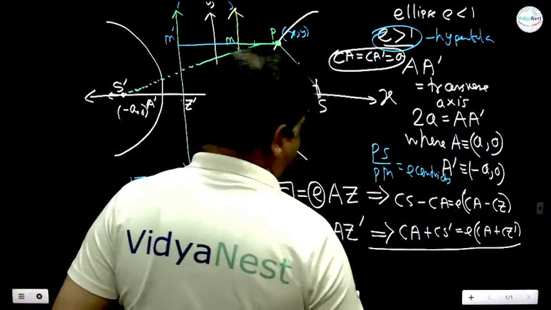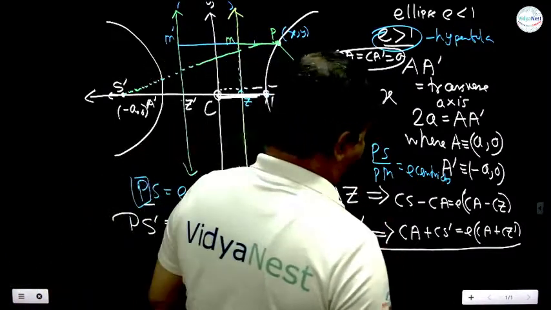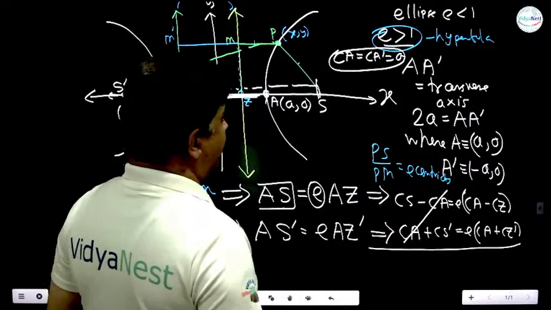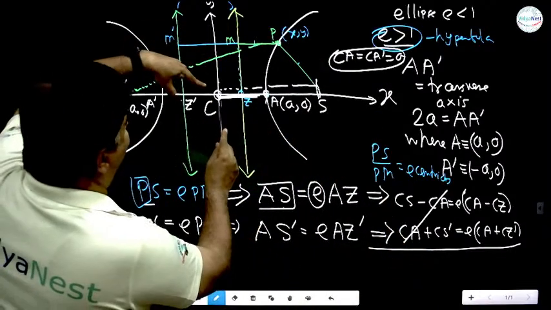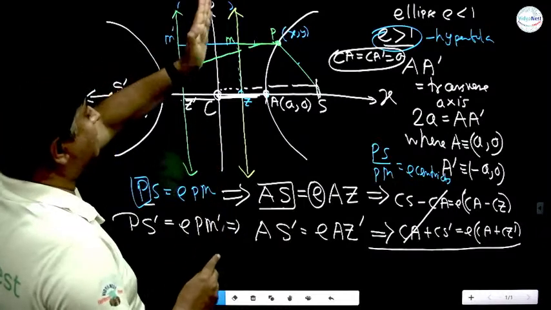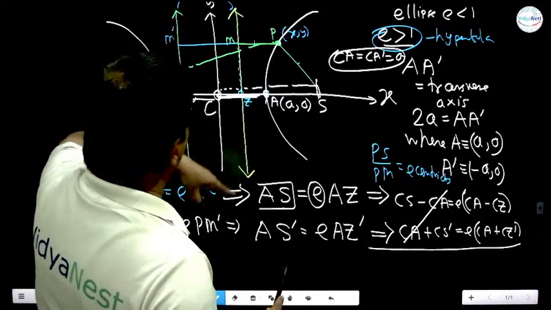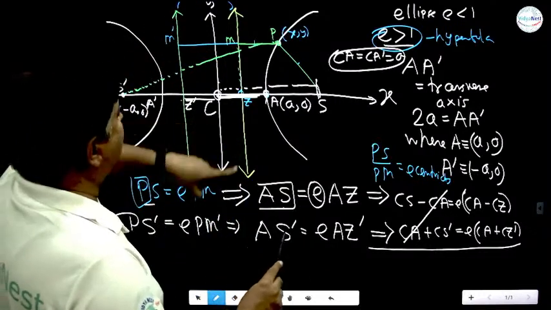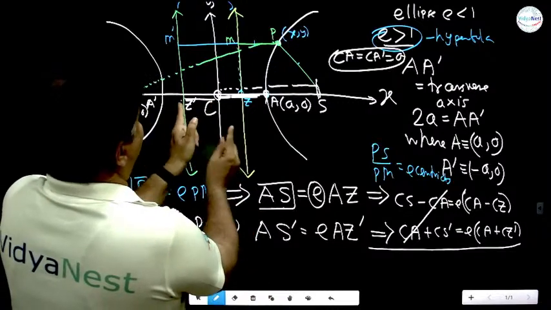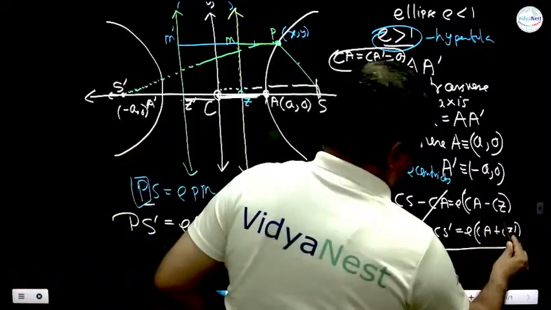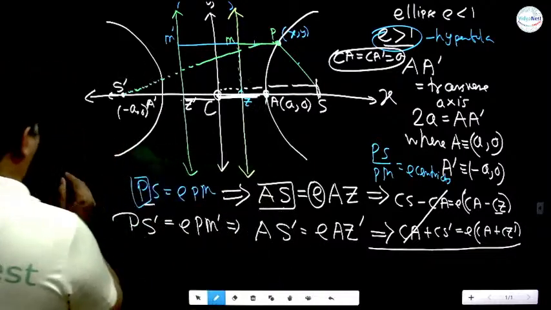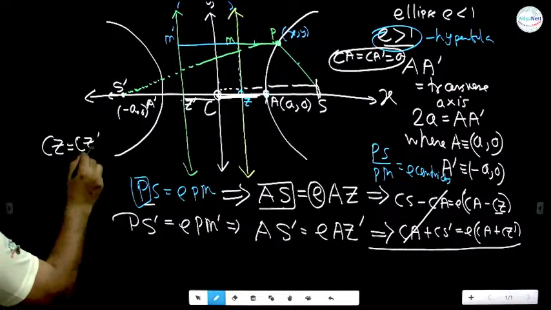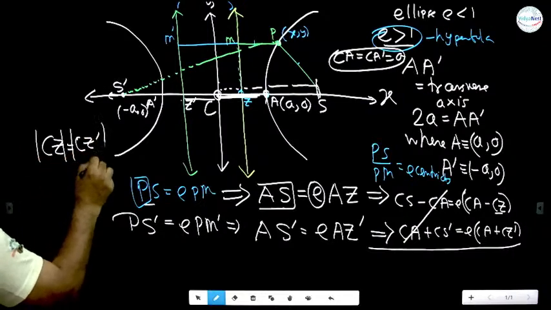So if I add, CA will get cancelled. And see, CZ and CZ dash are symmetrical. These two lines are symmetrical with respect to the y-axis, means these two lines are at the same distance from C. So by magnitude, I can write CZ is equal to CZ dash.